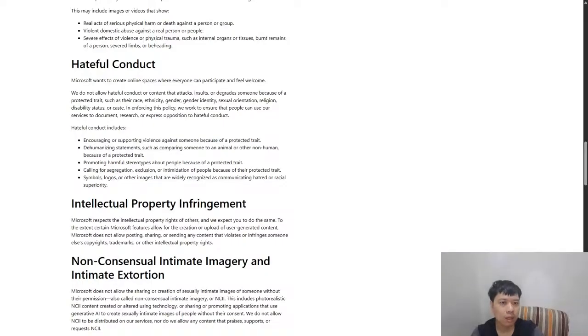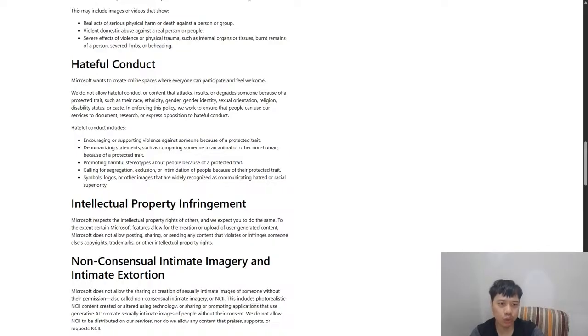Sucks. And then hateful conduct. Microsoft wants to create online spaces where everyone can participate and feel welcome. We do not allow hateful conduct or content that attacks, insults, or degrades someone because of a protected trait such as their race, ethnicity, gender identity, sexual orientation, religion, disability status, or caste. In enforcing this policy, we work to ensure that people can use our services to document, research, or express opposition to hateful conduct.